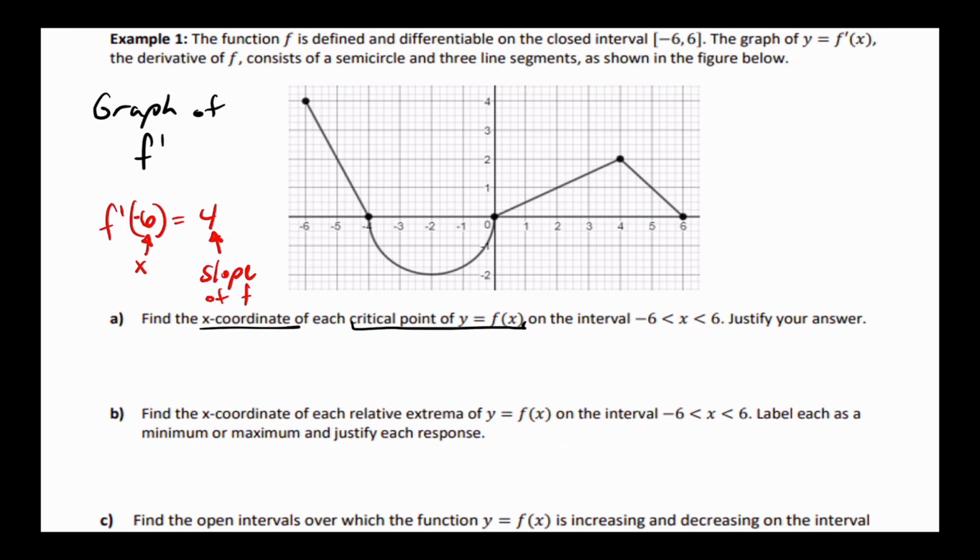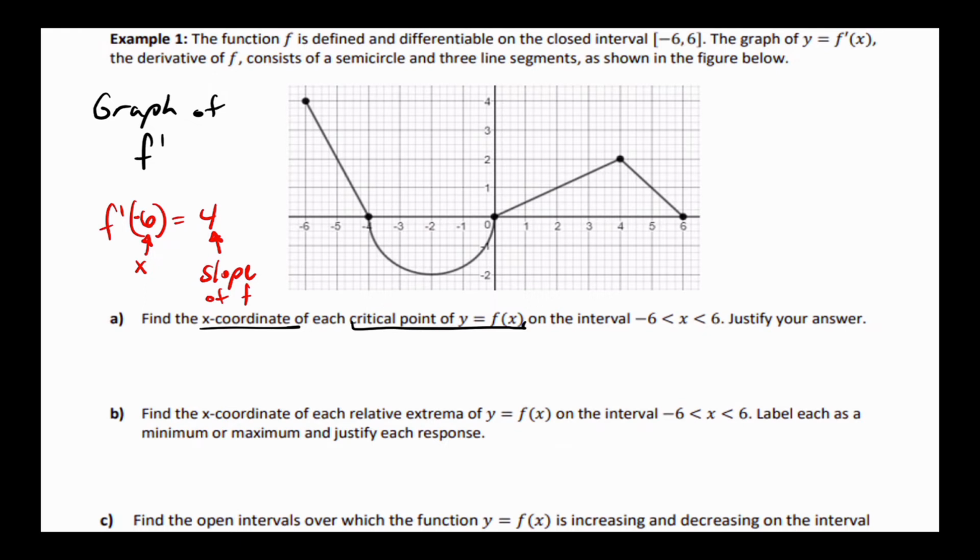What are their derivatives always going to be? What do we always set it equal to? 0. Okay. So where on here would you have a derivative of 0?